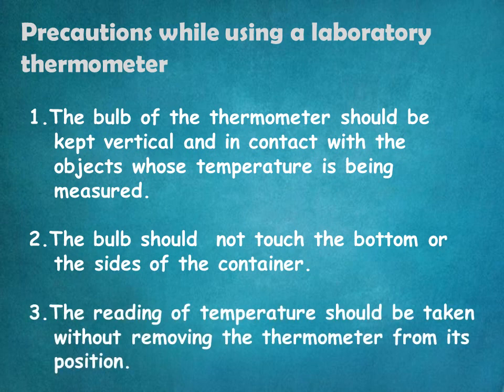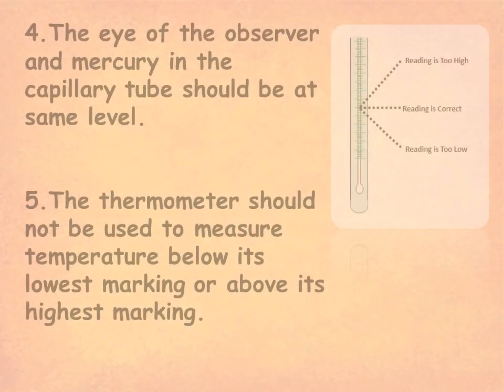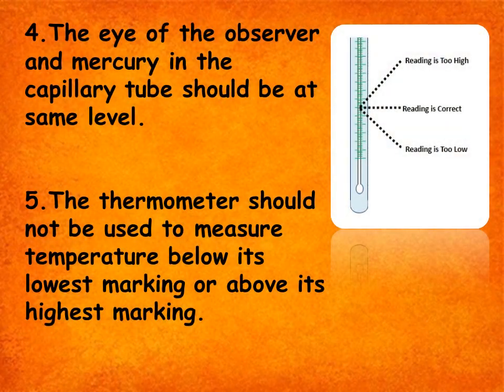The reading of temperature should be taken without removing the thermometer from its position. The eye of the observer and mercury in the capillary tube should be at the same level as shown in the figure. The thermometer should not be used to measure temperature below its lowest marking or above its highest marking.